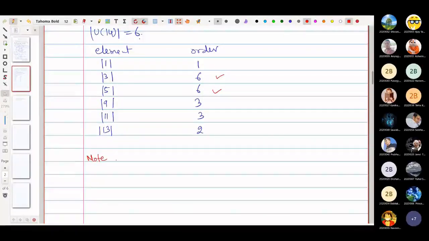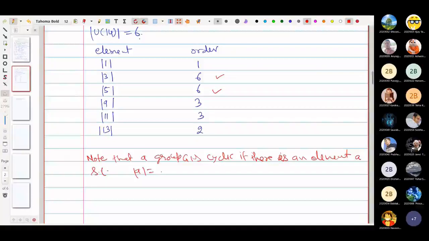Note that a group G is cyclic if there is an element A such that the order of A equals the order of G. So there should be at least one element whose order is equal to the order of the group. Here, the order of 3 equals the order of 5 equals 6.